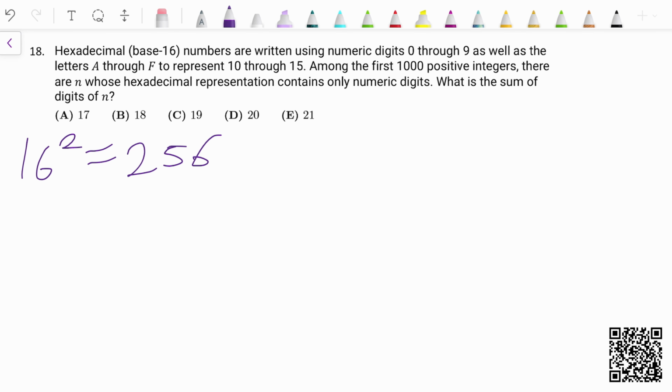Therefore, the greatest power of 16 that we can fit in 1000 is 16 squared. This means that we basically have 16 to the power of 2 multiplied by some number, plus 16 to the power of 1 multiplied by some number, plus 16 to the power of 0 multiplied by some number. And that is going to be 1000's hexadecimal form.